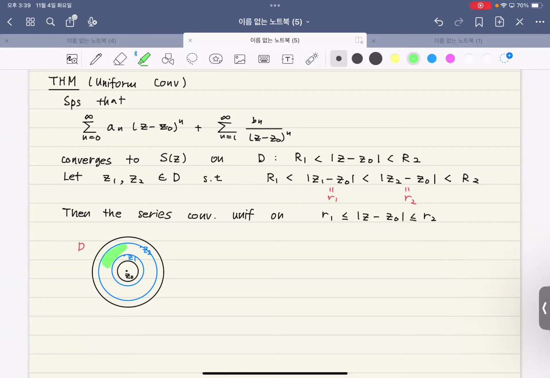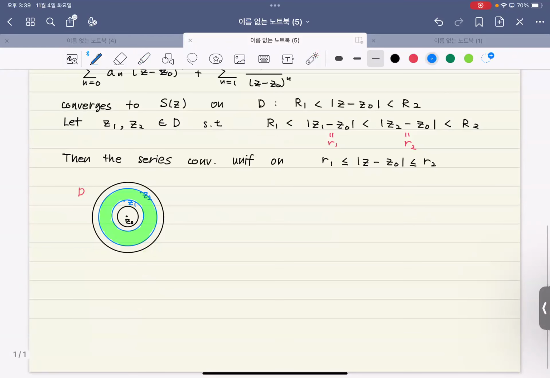The conclusion is, inside of this green shaded region, which is a closed annulus, on this closed annulus, this convergence is uniform. So this is the conclusion. All right, let me prove this.